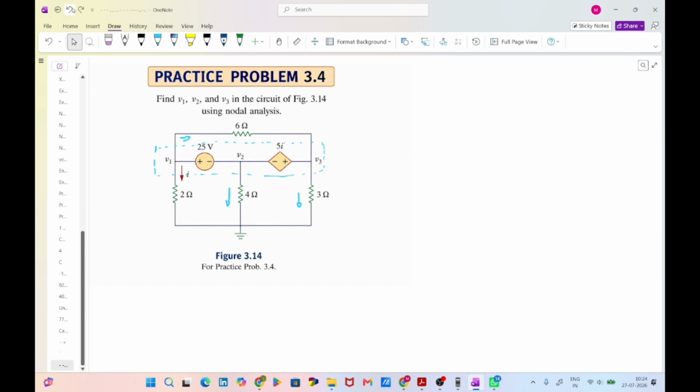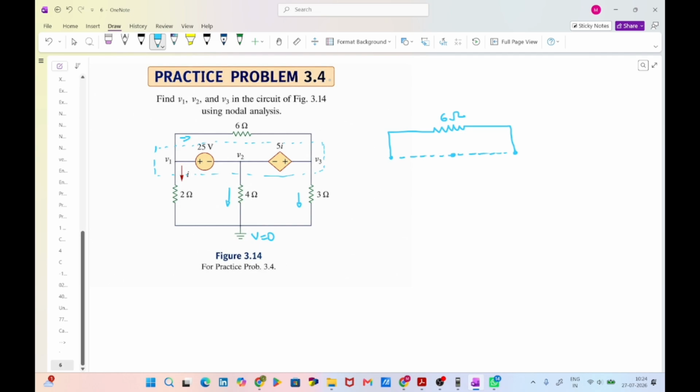Let us write the circuit after we apply the supernode here. This one is the 6 ohm from V1 to V3. Here V is equal to 0 because it is grounded.